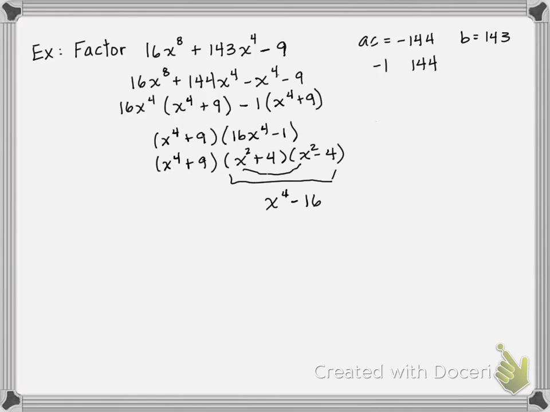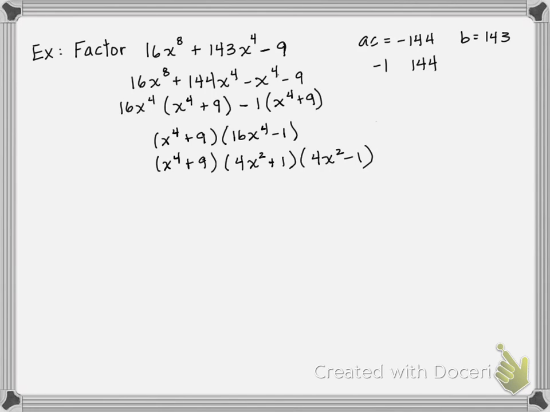So when you use the shortcut, you have to be really careful that you're paying attention to which factors are in which terms. So in order to get 16x to the 4th as my first term, this has to be 4x squared plus 1 and 4x squared minus 1. Do you guys see the difference between that and the other one that I wrote? So it's important that when you use the shortcut, you pay attention to what your two terms are.